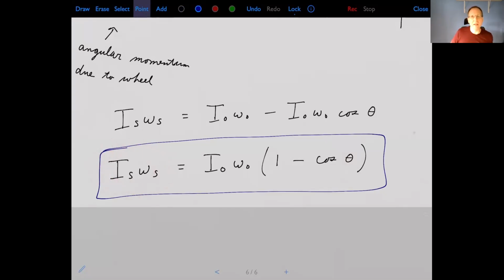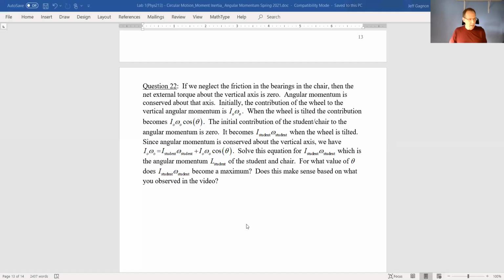So if we go back to the lab handout, question 22. I just explained all this to you. In fact, I even solved the equation for the angular momentum of the student in chair: I_S omega_S is I naught omega naught times 1 minus cosine theta.